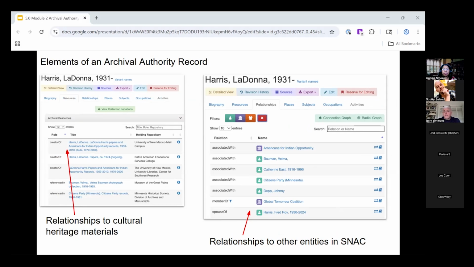It also contains contextual links to other related entities described in SNAC records. Note that here she is linked or related in context as a member of the Global Tomorrow Coalition and as a spouse of Fred Roy Harris, United States Senator. These contextualized relationship links are two main features that set SNAC authority records apart from traditional library authority records.